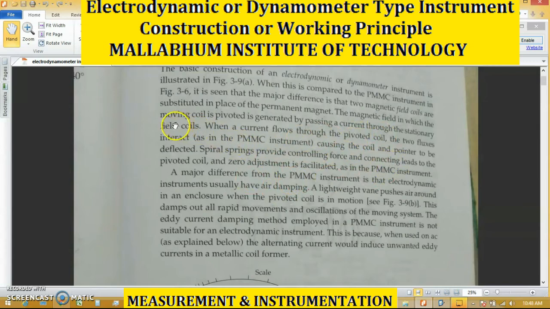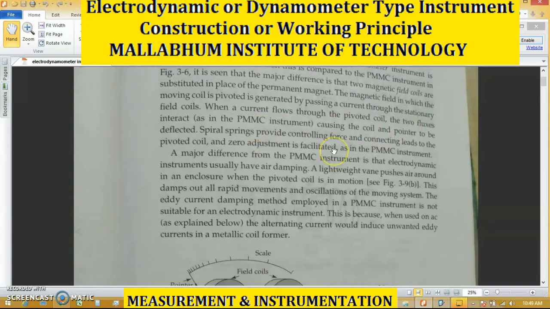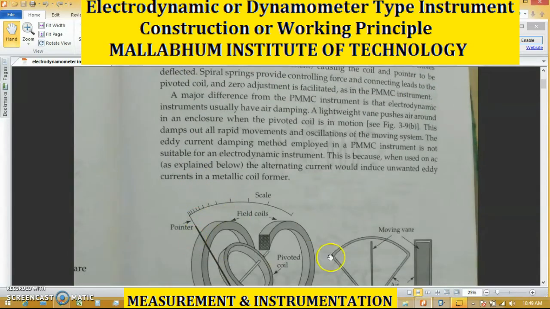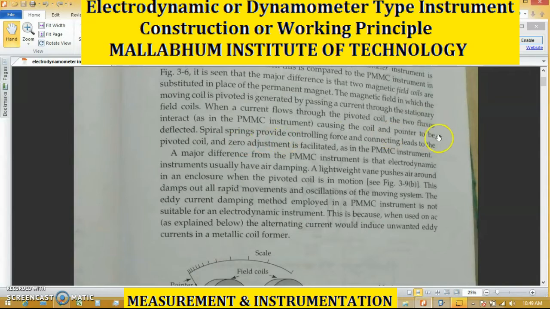The moving coil is the same, pivoted between the stationary field coils. When current flows through the pivoted coil, the two fluxes interact, as in the case of the PMMC instrument. When current passes through the field coil, the flux interacts and produces a force, and this force causes the pointer to move from its zero position.